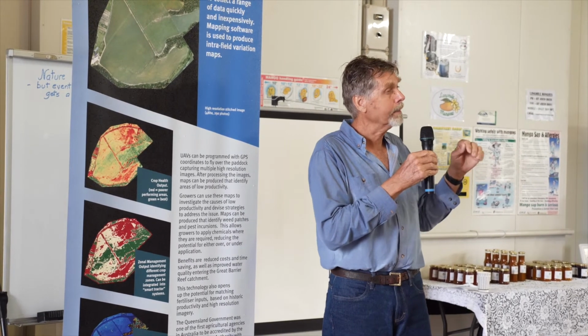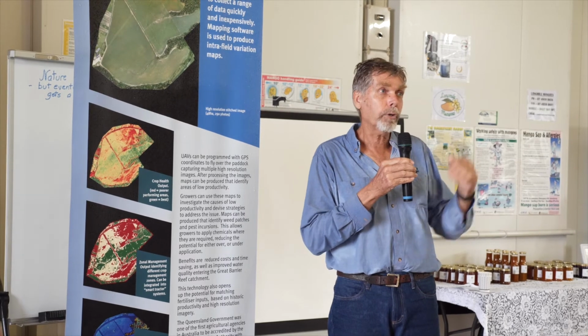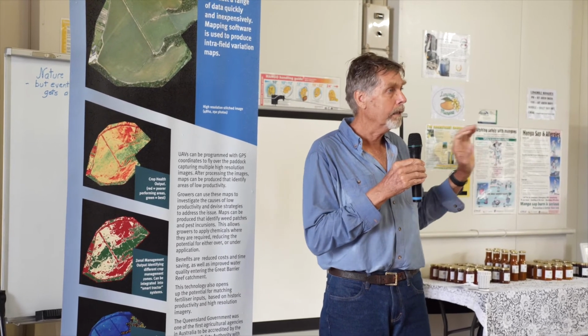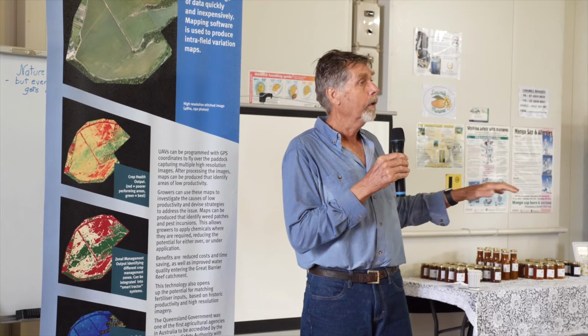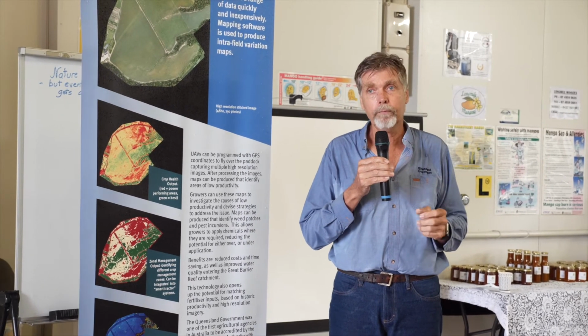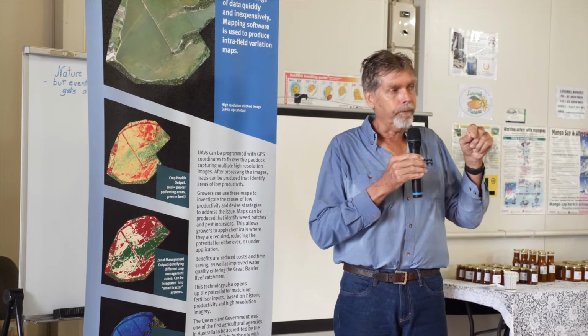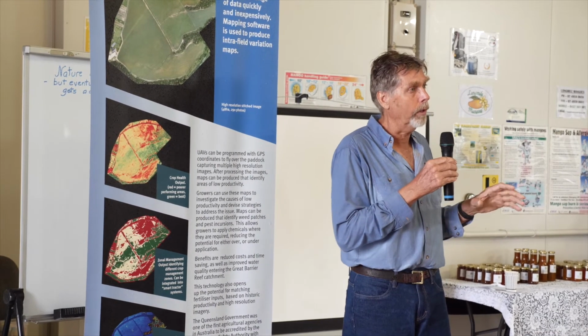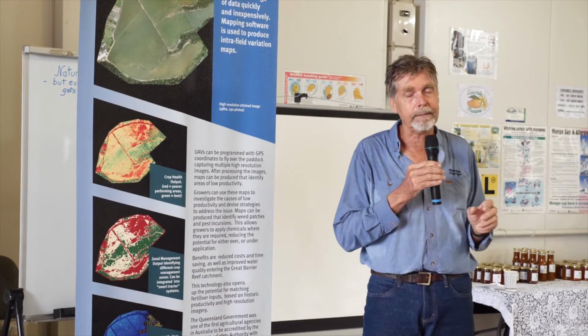Things are going well. I still might want to find out, could I get more out of it? But basically, the ground's doing its job, the organisms within that ground are doing their jobs, and I'm getting the crop that I want to get off it. I use the crop to find those patches that are not doing well, the poor performing parts.